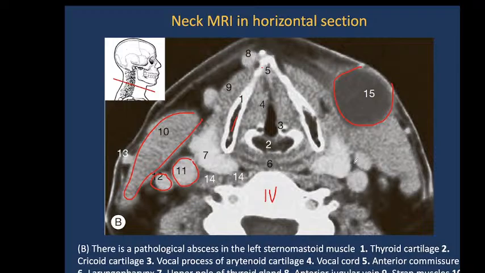Just I checked the correct term. This is the pus inside of the sternocleidomastoid muscles, and the surgeon needs to evacuate the pus out from the abscess.